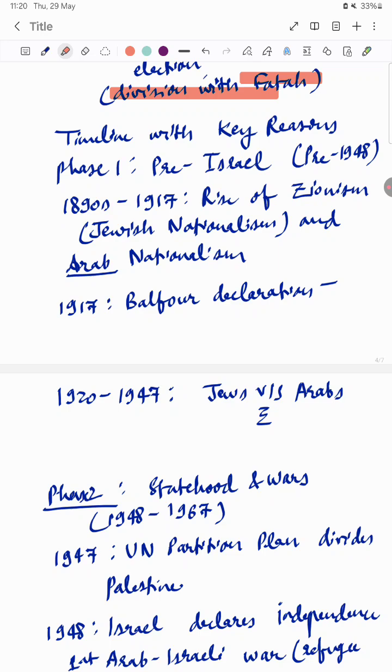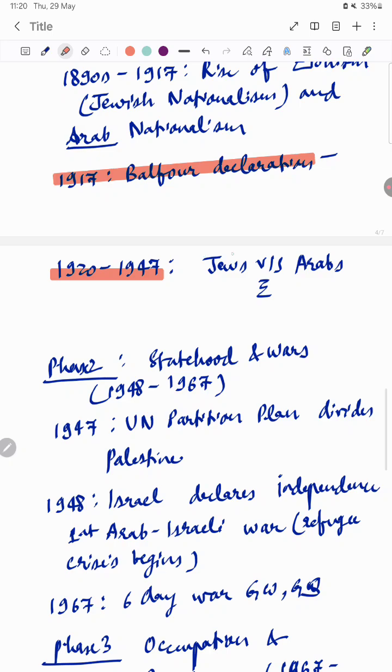From the 1890s to 1917, rise of Zionism, Jewish nationalism and Arab nationalism is the main theme. 1917, Balfour Declaration, British supported a Jewish homeland. 1920 to 1947, British mandate, tensions rise between Jews and Arabs.